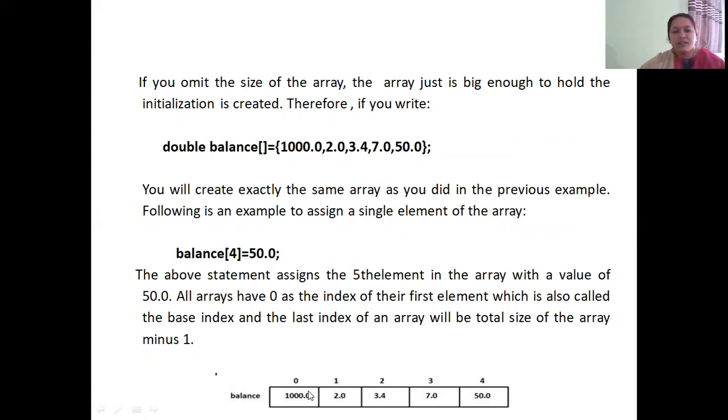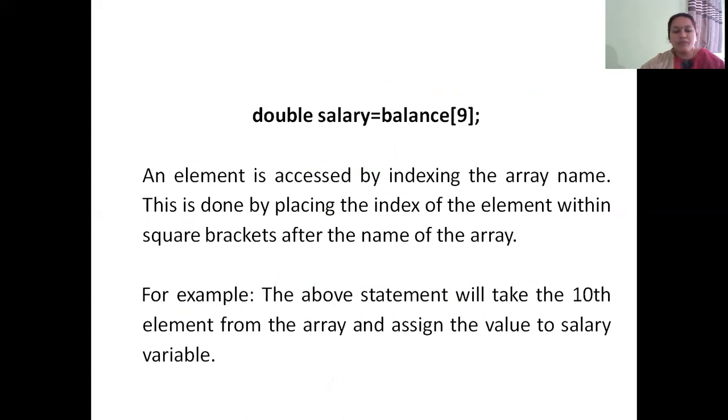So always the index of array elements, the first element of the array will have an index 0, and the last element will have the index total size minus 1. For example, the balance array is of size 5 and the index of last element is 4, that is 5 minus 1.